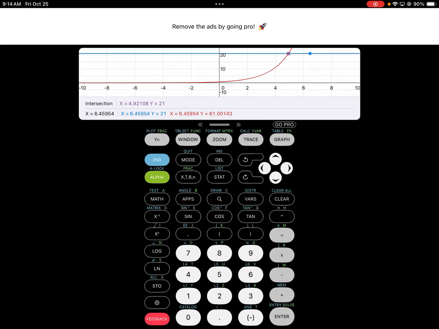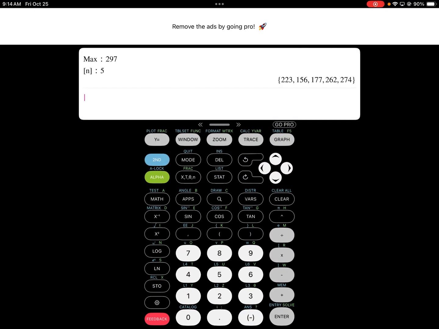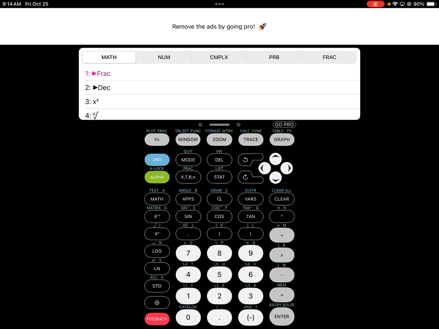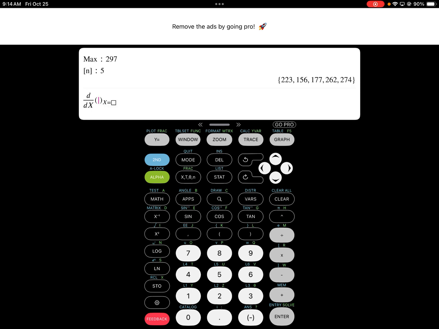So let's jump over here. All right, so we'll go to math. Number 8 is nDeriv. Now, the function's funky, but it's okay. Alpha y equals, we're going to put it in there, 100 over 1 plus e, so second ln, to the 3 minus x.